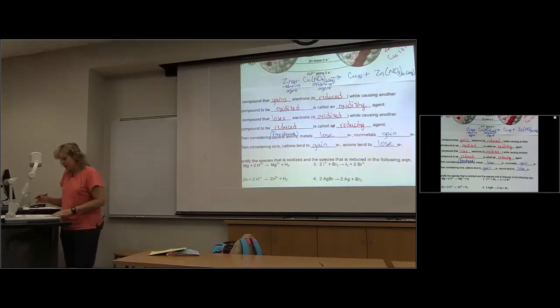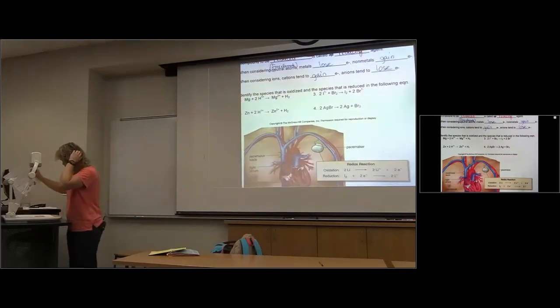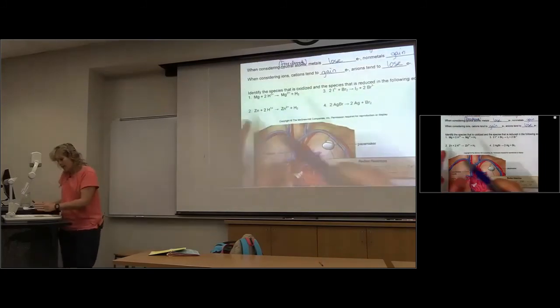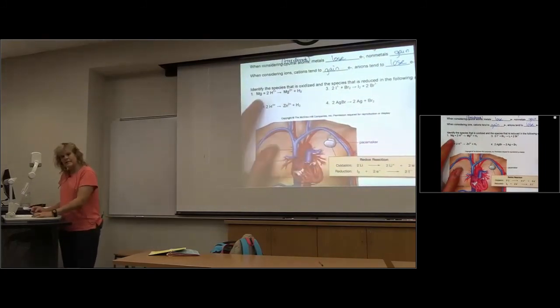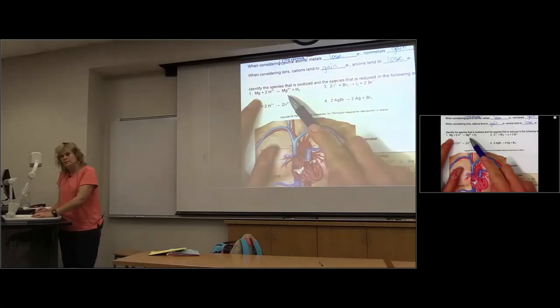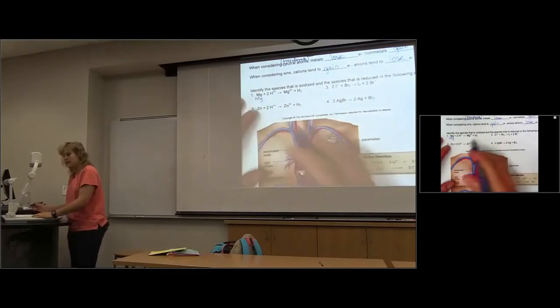So we're going to identify the species that is oxidized or reduced in the following example. Magnesium becomes +2. So it starts off as free and it becomes +2.